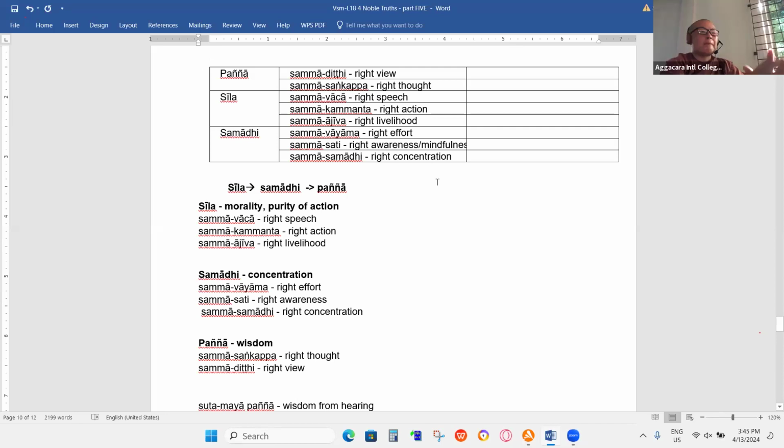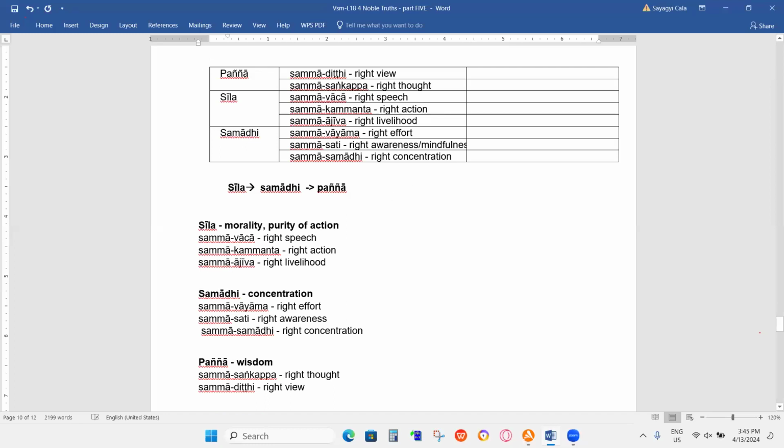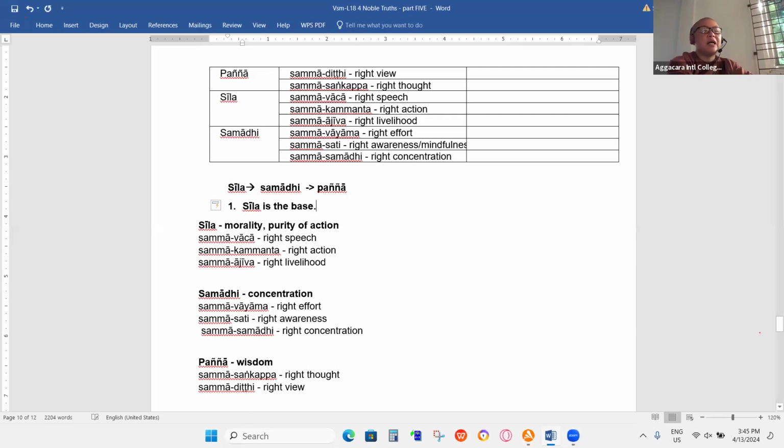I think sila is a base. Without sila, you need to be strong in sila. Okay, you think sila is the base, so we should start with sila. Base for what? For practicing the Dhamma?